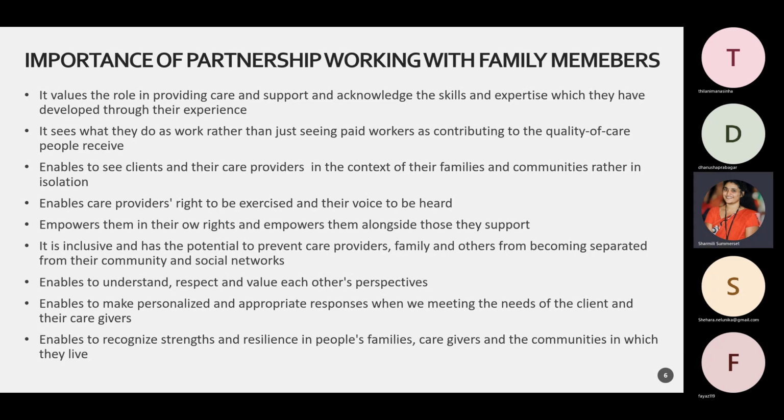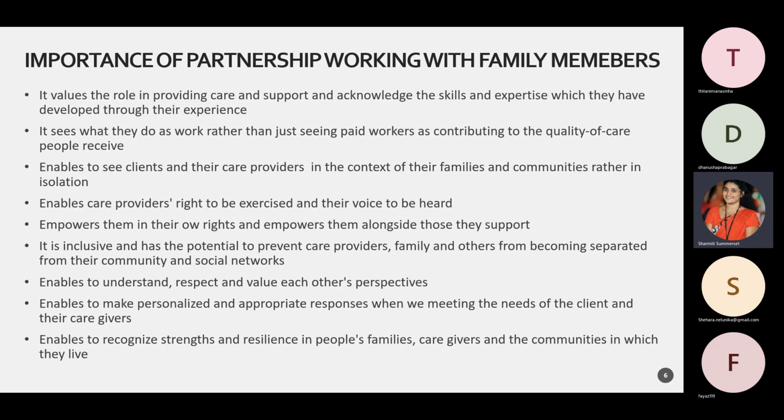And it also enables us to understand, respect, and value each other's perspectives. And we can make personalized and appropriate responses to meet the needs of the patients when they are working with their caregivers.